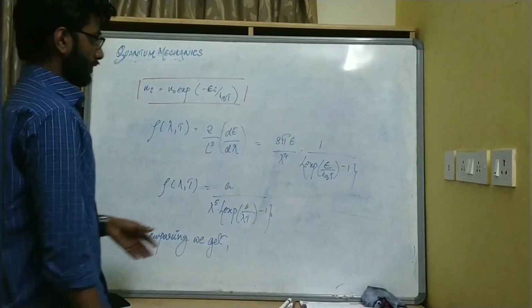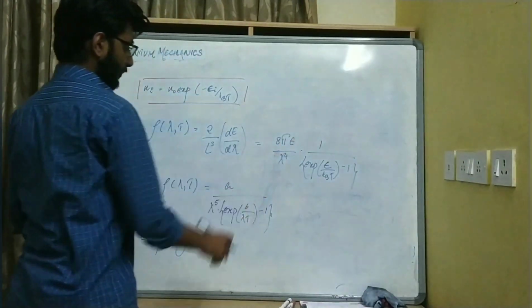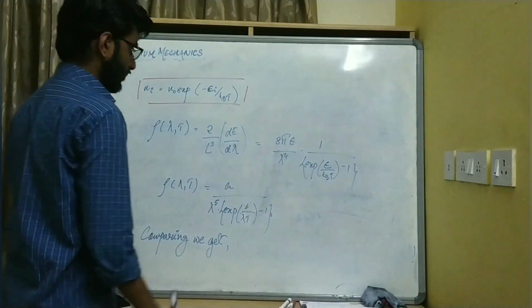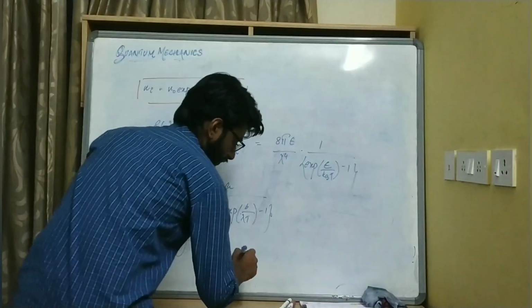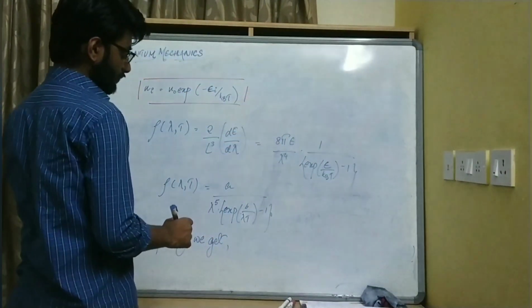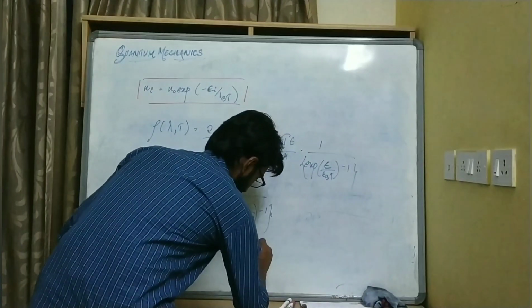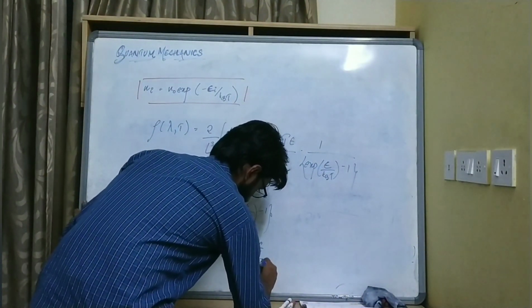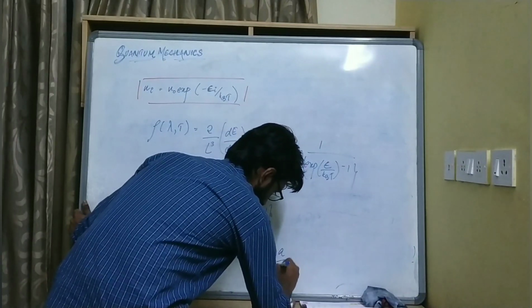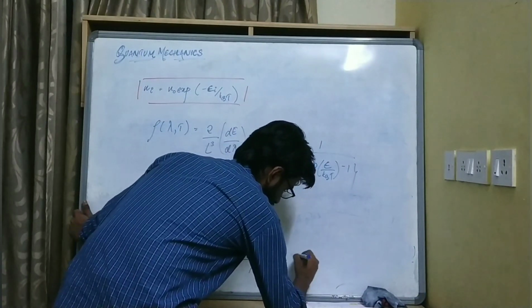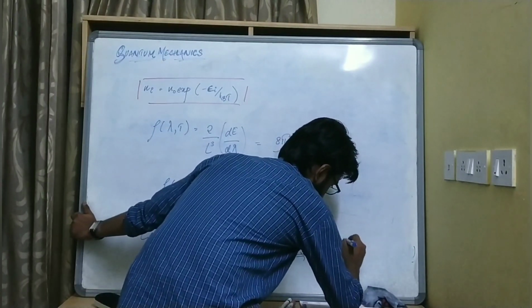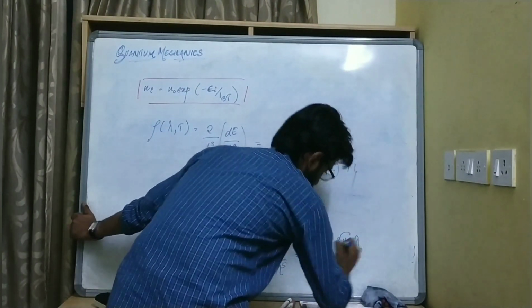We get 8 pi epsilon by lambda to the power 4 is equal to A by lambda to the power 5, which gives A as 8 pi epsilon lambda.